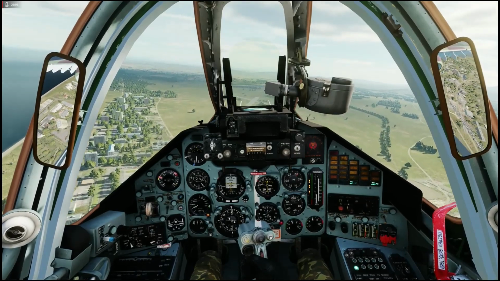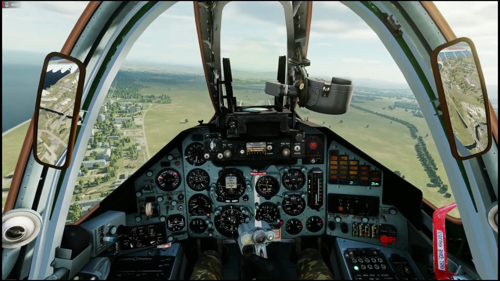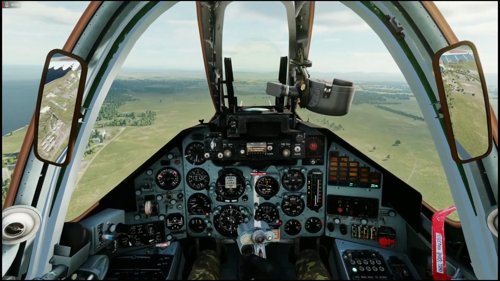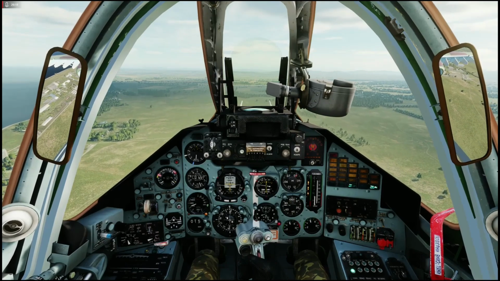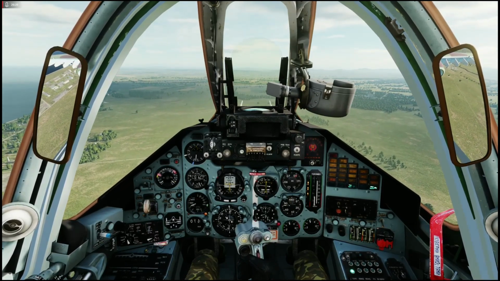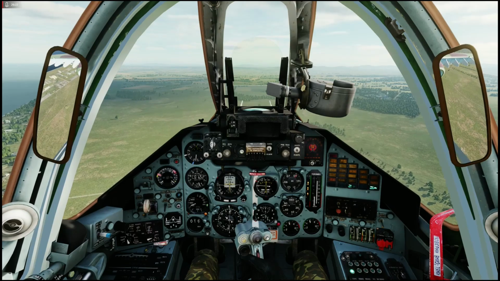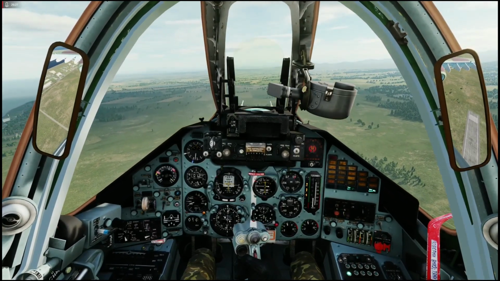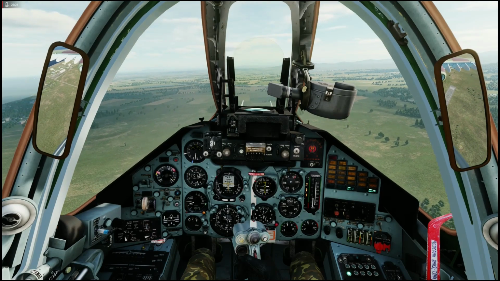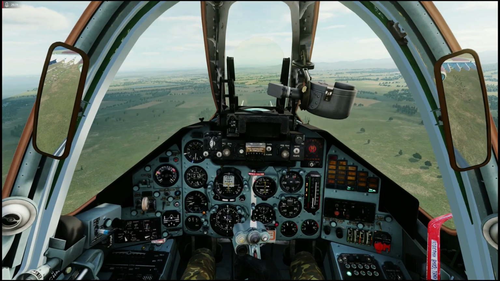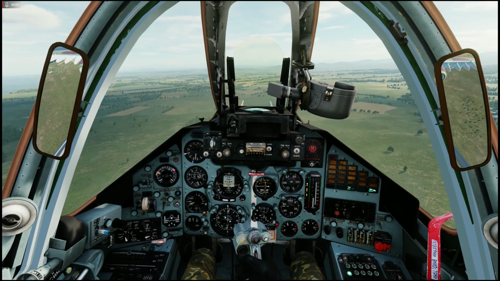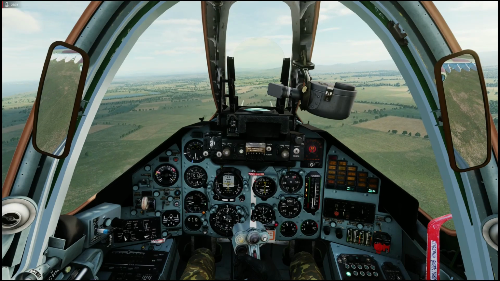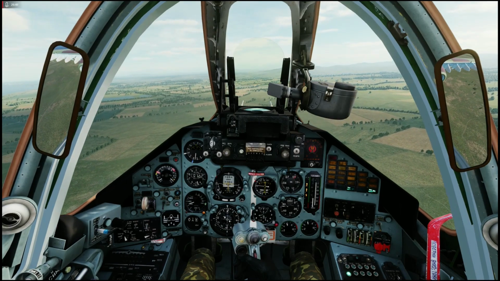Need to climb a bit. 14.5 kilometers. Altitude needle on the ADI is coming down. That is good. Almost there. Heading a bit to the right. 12 kilometers. Bit to the right. 10 kilometers. Climb a bit.